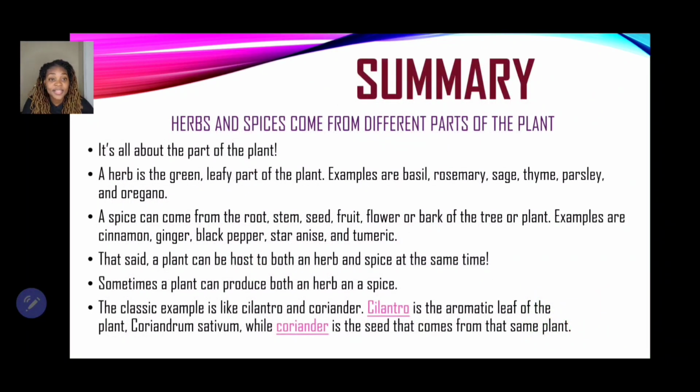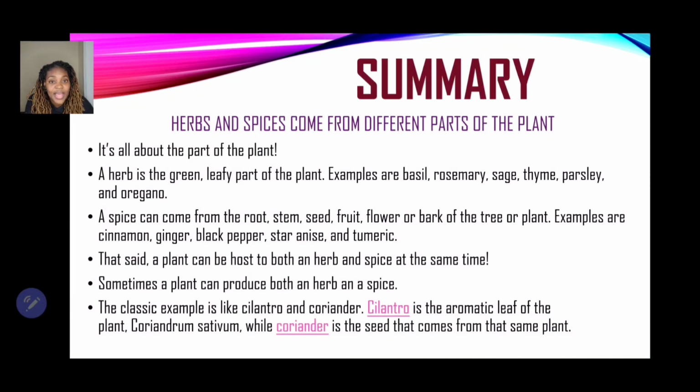Herbs and spices come from different parts of the plant. So guess what? It's all about the part of the plant that tells the difference between herbs and spices. A herb is the green leafy part of the plant. Examples are basil, rosemary, sage, thyme, parsley, and oregano.